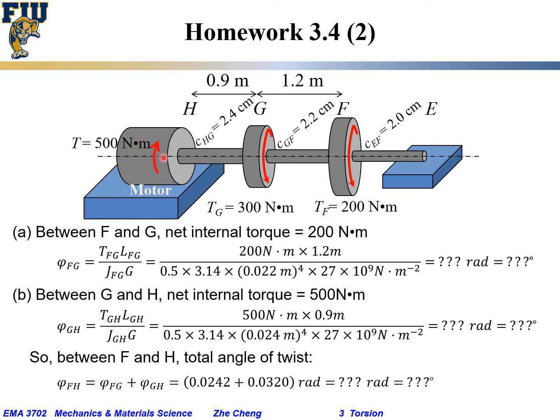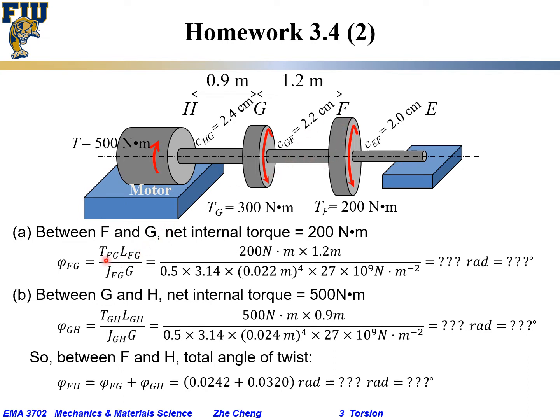So either way, looking from the left or from the right, you should get the internal torque at an arbitrary normal cross section between F and G would be just 200 Newton meter. So what about the angle of twist? We call it phi FG. The angle of twist from F to G, phi FG, from our equation we know is TL over JG. T for torque, the larger the torque, the larger the angle of twist.